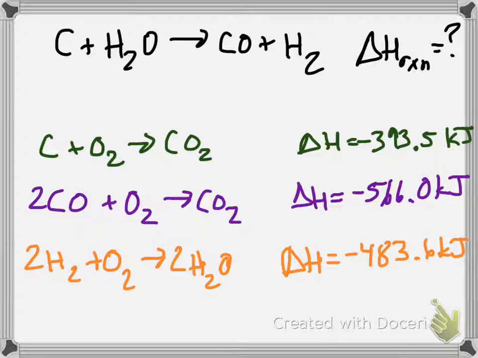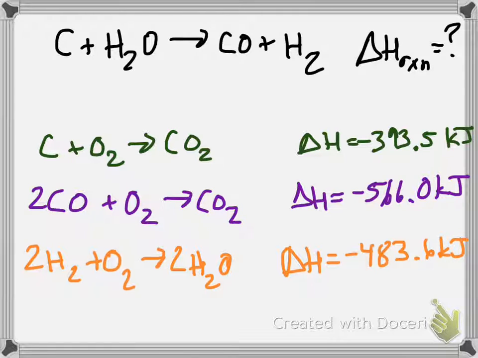So now we're given this problem. We have carbon reacting with water, so I'm looking at the black reaction, becomes carbon monoxide and hydrogen gas. We want to know the enthalpy of this reaction. However, the only information we're given is the green, purple, and orange reactions. So when carbon reacts with oxygen and produces carbon dioxide, it releases 393.5 kilojoules of energy.